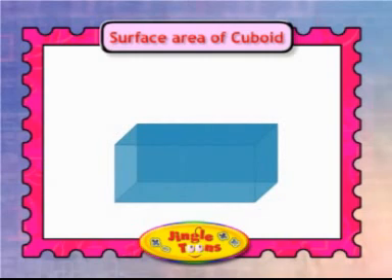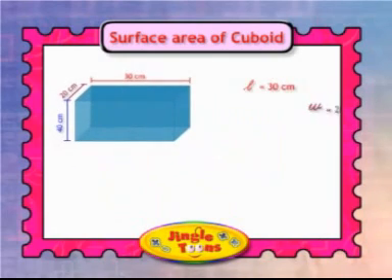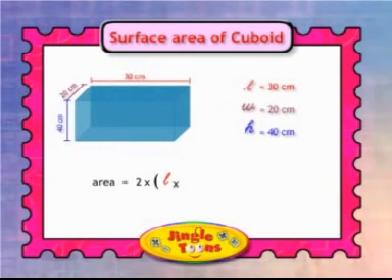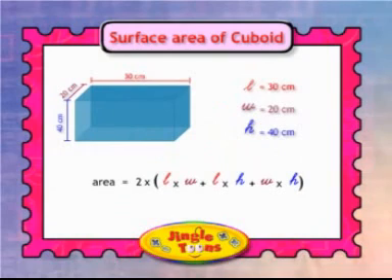If you have a cuboid with the length of 30 centimeters, width of 20 centimeters and height of 40 centimeters, you calculate its area in this way. Area = 2 × (L × W + L × H + W × H). So, area = 2 × (30 × 20 + 30 × 40 + 20 × 40).